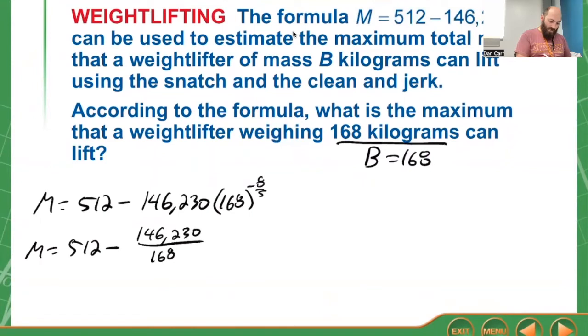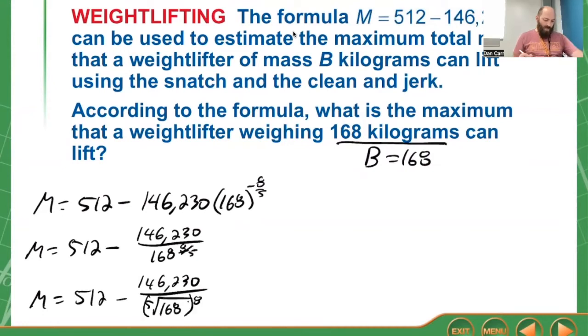So 168 to the 8/5 underneath. So that means m is equal to 512 minus 146,230 over the 5th root of 168 to the 8th power.